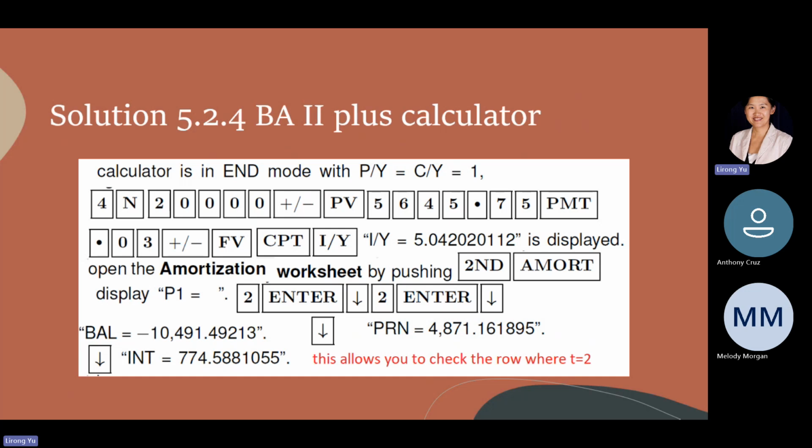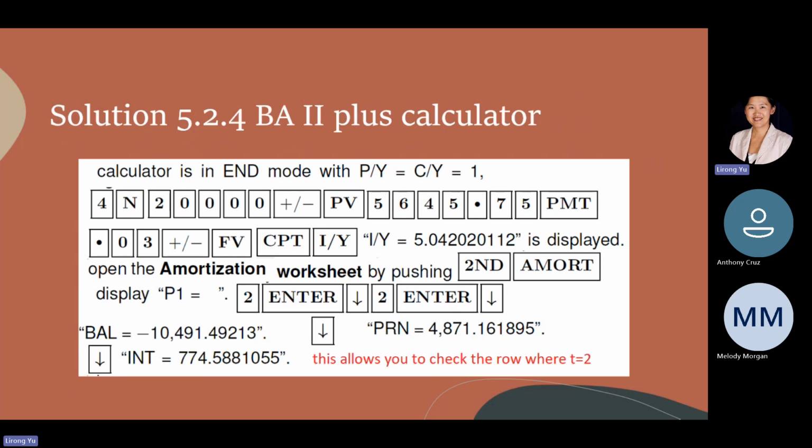Okay, having that ready, we also have a plan for how we do those calculations. Use a BA II Plus calculator. Make sure it's in end mode, make sure you have the payments per year and P/Y, C/Y all set up as equal to 1. And then in the middle row of those keys, you want to identify N equal to 4, present value equal to negative 220,000.